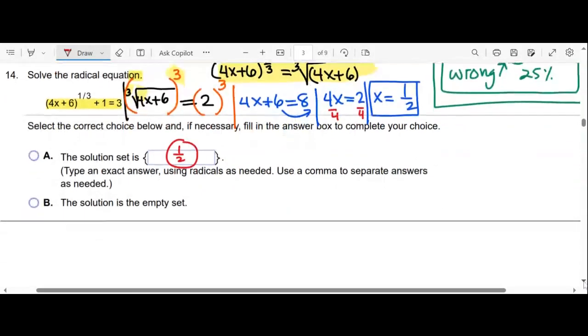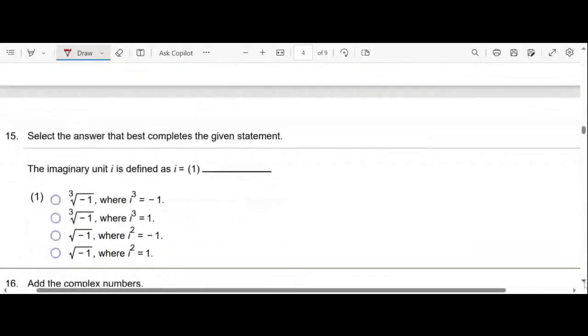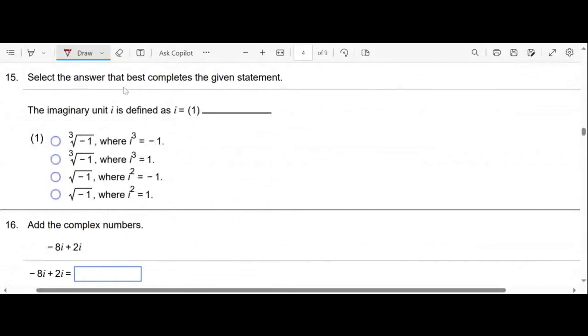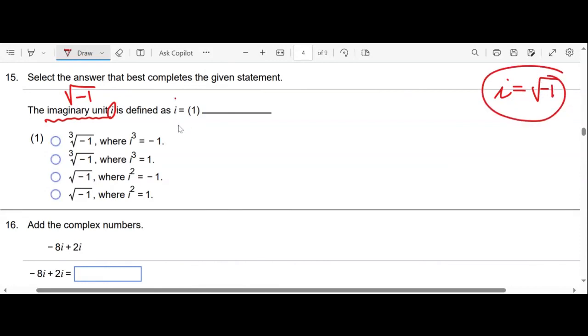Next question is number 15. Imaginary units. What does imaginary unit mean? It's i, correct? The square root of what? Negative 1, correct? So we know that i equals square root of negative 1. He's asking, what is i squared? Which one is the correct answer?